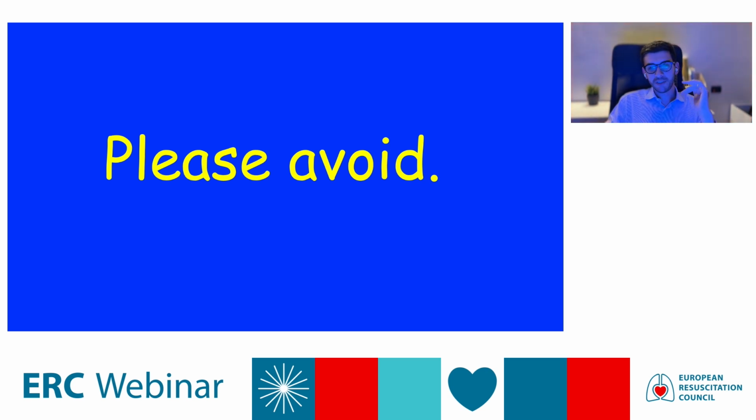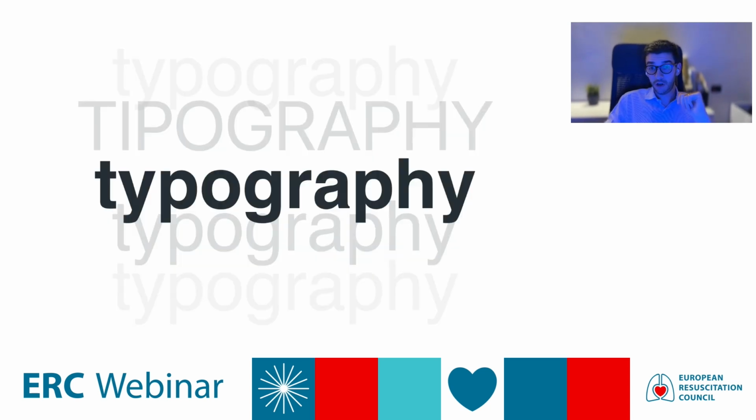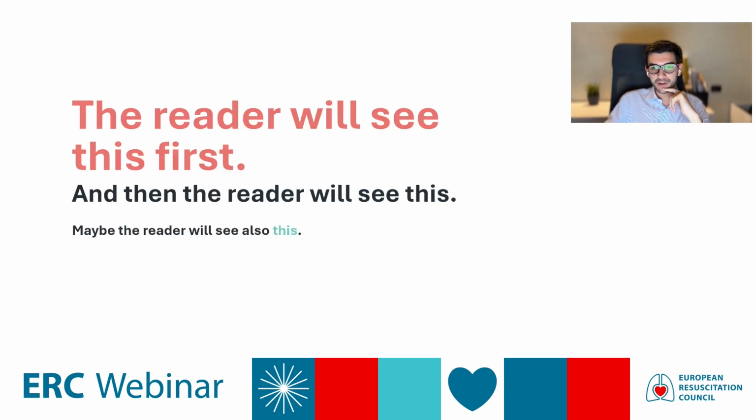Of course, it is important to avoid crazy colors. For example, a light blue background with a strong yellow and a strange font is something that I would completely suggest avoiding. Typography is also very important, as I already mentioned.